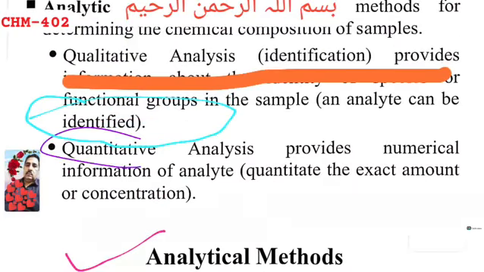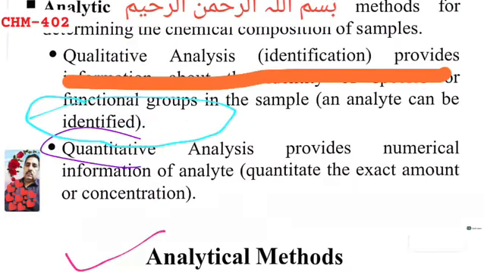Second and most important is the instrumental method. This instrumental method is both a qualitative method as well as a quantitative method. In qualitative methods, we want to know the identification of any compound, such as which elements are present in the sample: carbon, hydrogen, and so on, and colors, such as the flame test.